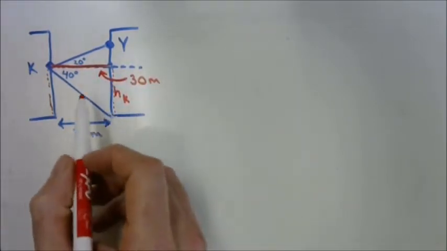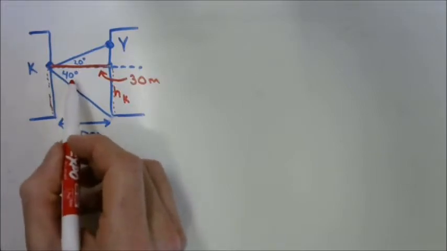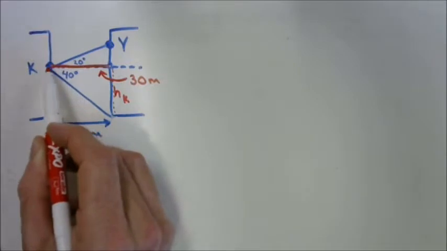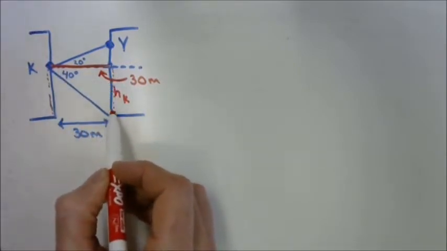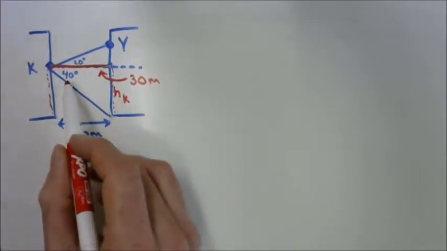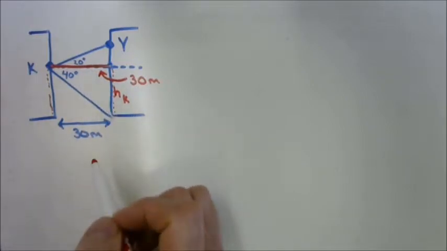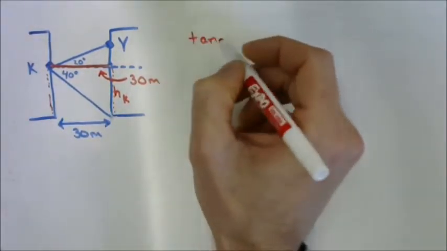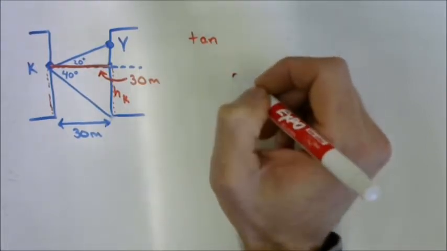So let's use that information. We've got an angle of 40 degrees. We're given one side length here, that's the adjacent side, and we're looking for the opposite side. So we've got an angle, the adjacent side, and the opposite side. So the trigonometric ratio that we're dealing with here to find h sub k is the tangent ratio.